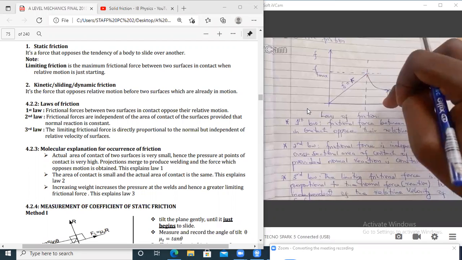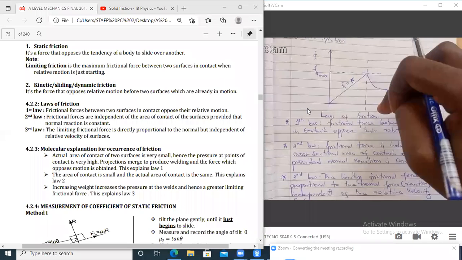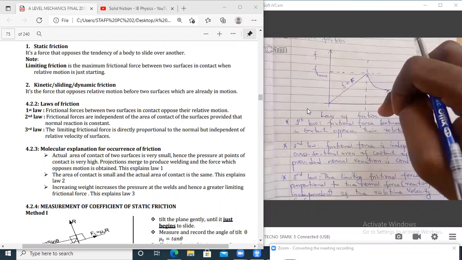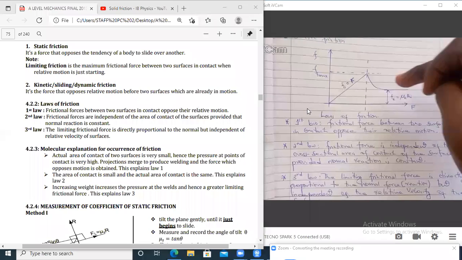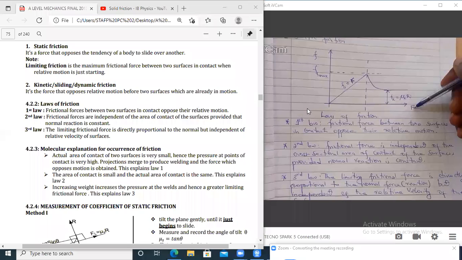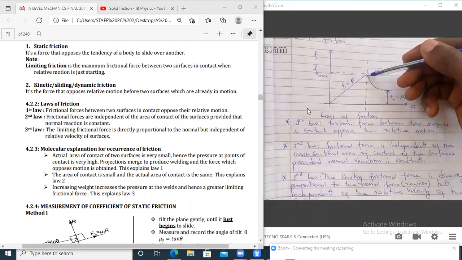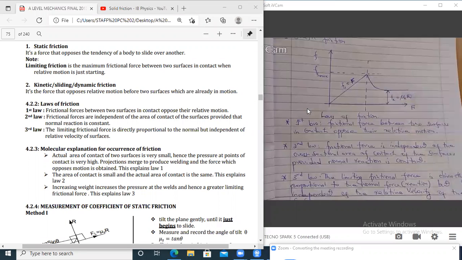But for static friction, if you increase the force applied, you are also increasing the static friction. But for kinetic, as you increase the force applied F, the frictional force keeps on decreasing.